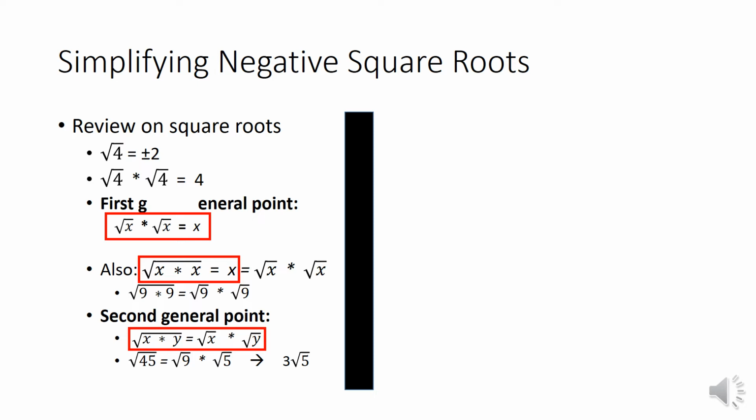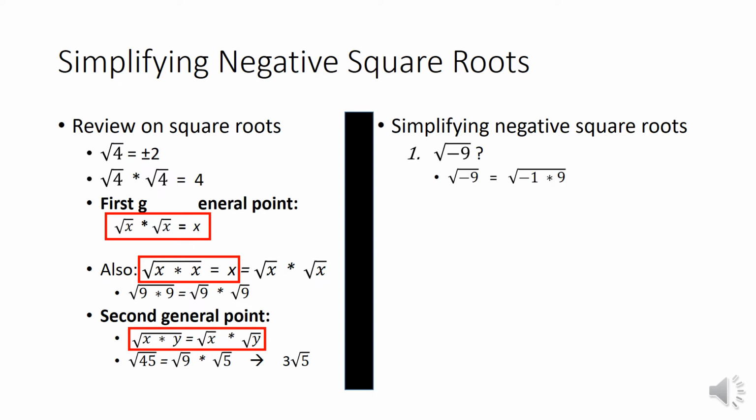Now using these points, let's start looking at how we can simplify negative square roots. So if we look at number 1 on your notes page, your first example problem, it's asking you to simplify the square root of negative 9. Now negative 9 is equal to negative 1 times 9.